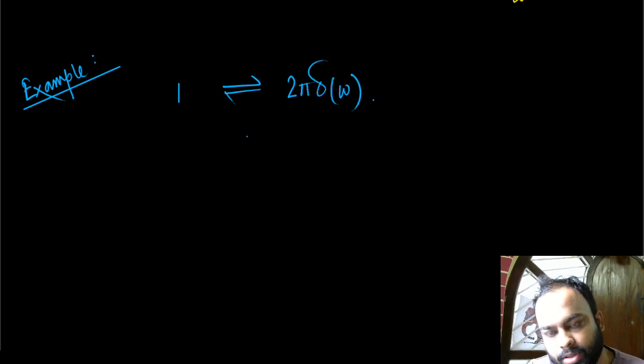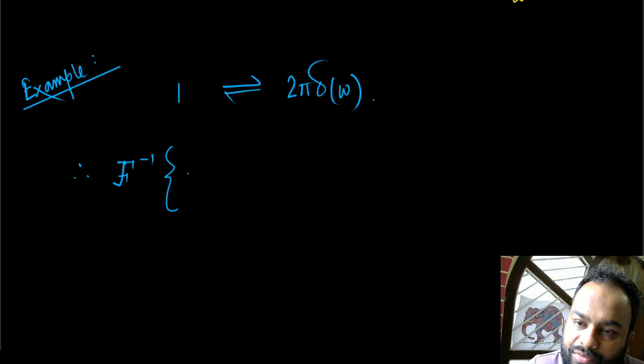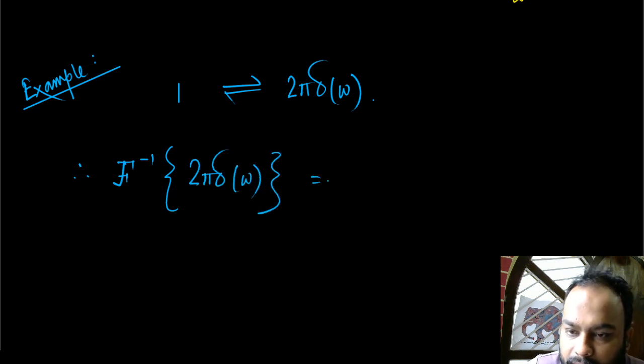So we know that the Fourier transform of 1 is 2 pi delta omega, right? So I can say the inverse Fourier transform of 2 pi delta omega is equal to 1.